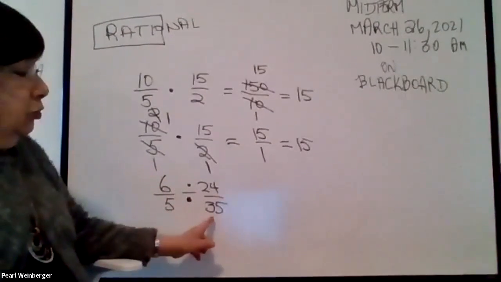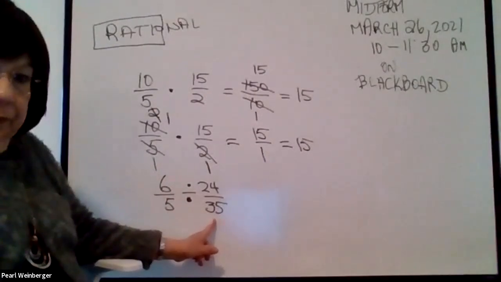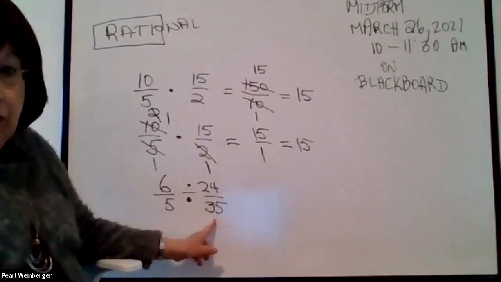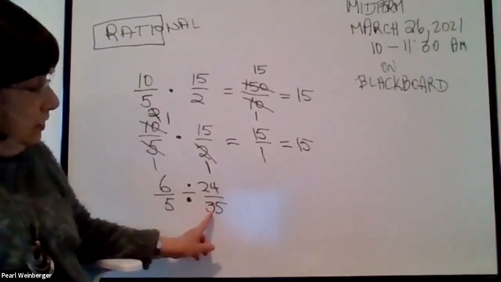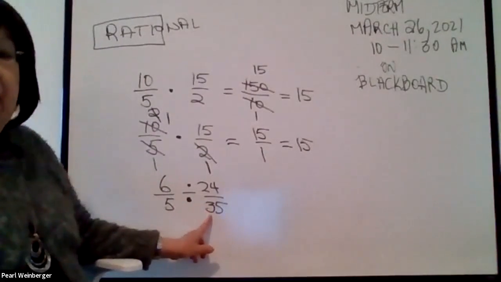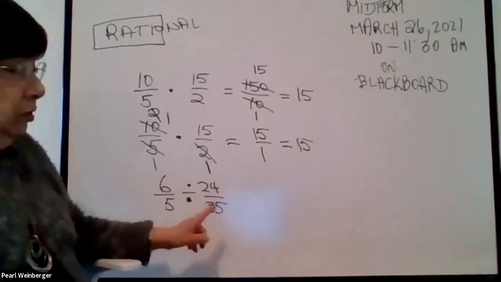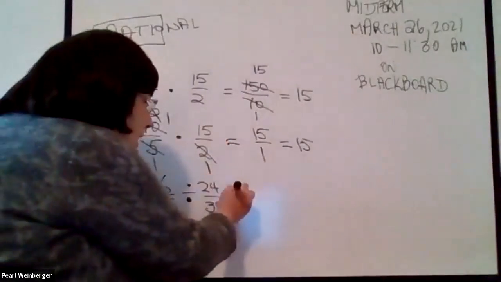You have to take your second fraction, and if it's a whole number, then you have to put it over 1. What you have to do is take that second fraction and take its reciprocal and change the problem.